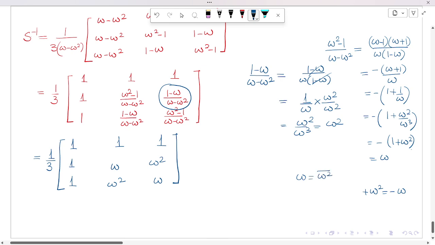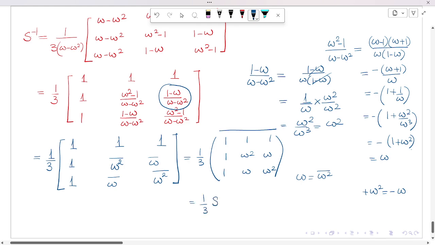So write this thing as omega square conjugate. Omega square is omega conjugate, omega square is omega conjugate, and this is omega square conjugate. So this is 1 by 3, 1 1 1 1 omega square omega 1 omega omega square, whole conjugate. This is again S, so this is 1 by 3 S conjugate.